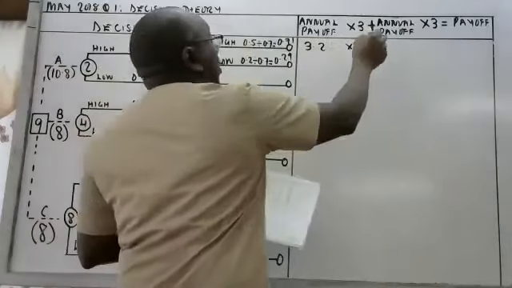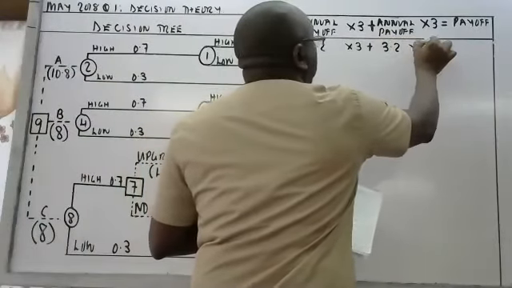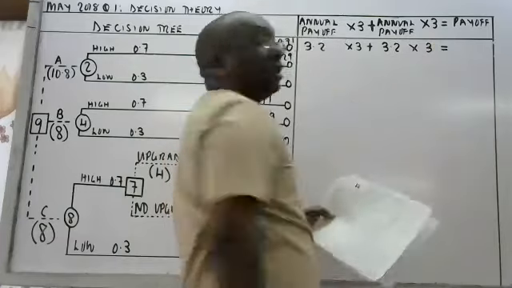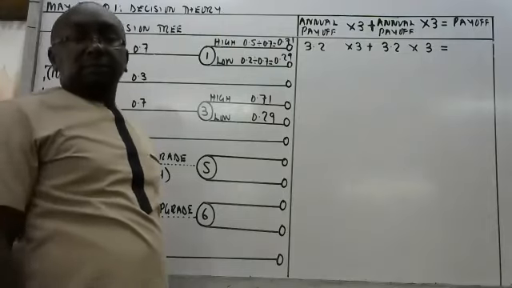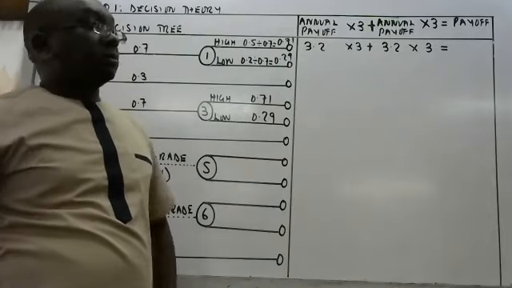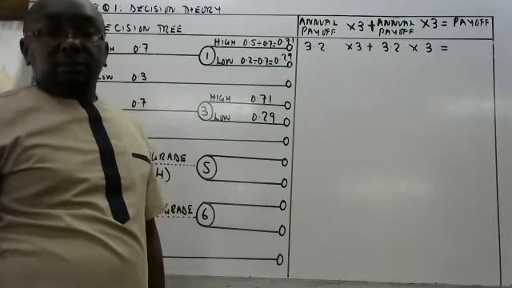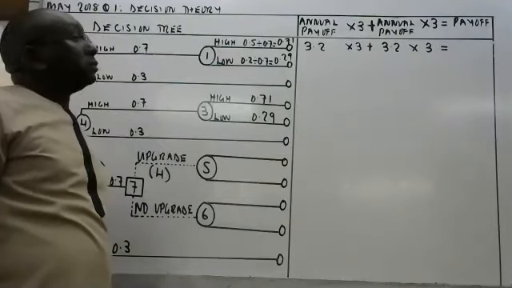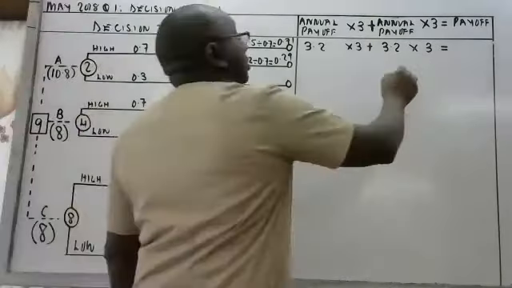So 3.2 again times 3. Give me that answer. Yeah, 19.2.